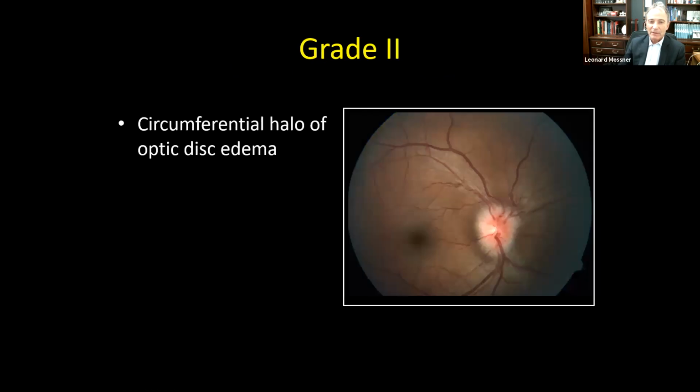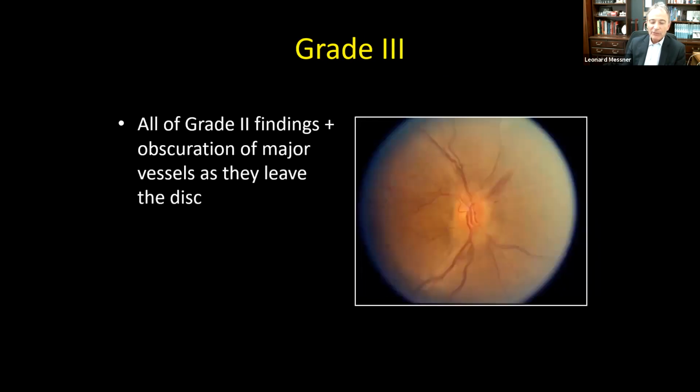Grade 2 is where there is more of a circumferential corona of optic disc edema with minimal obscuration of the major retinal blood vessels as they leave the optic nerve. Grade 3 is all of the findings of grade 2, but now there is more significant obscuration of the major retinal blood vessels as they're leaving the optic nerve.